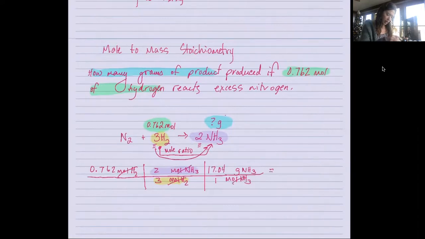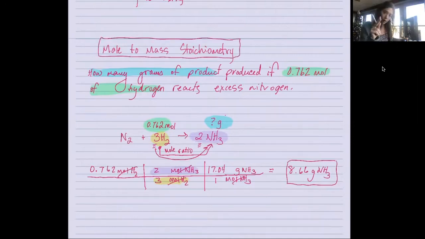Now let's get our answer. 0.762 times 2 times 17.04, divided by 3 equals, I've got 8.66. 8.66 what? Grams. Grams of what? Ammonia. All right. So that was your mole to mass.